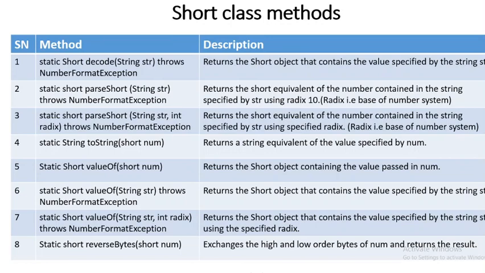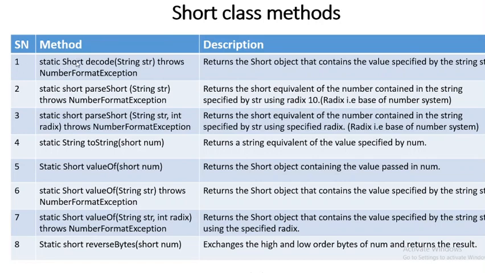Short class methods. All these are static methods. If we want to use these static methods, we need to use the name of the wrapper class Short, like Short.decode, Short.parseShort, like this. We will see them one by one.